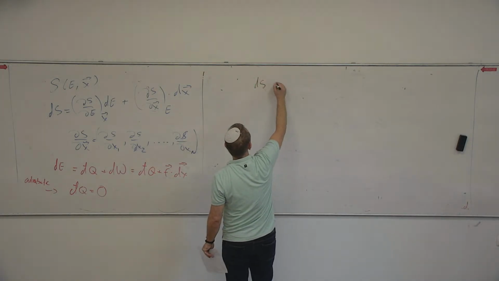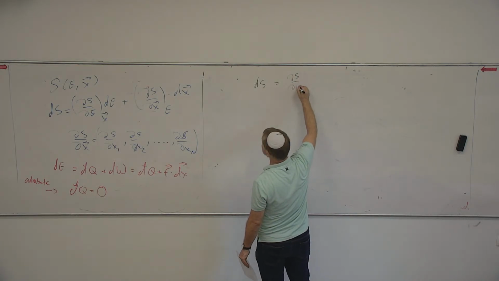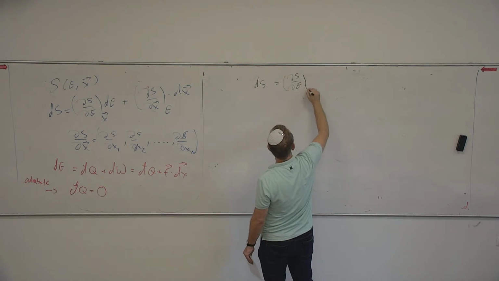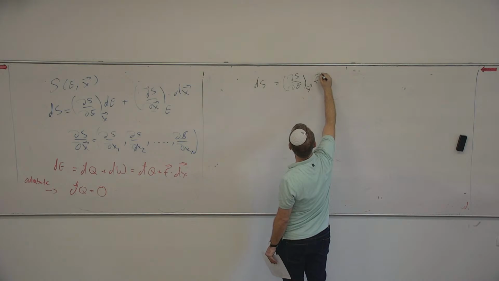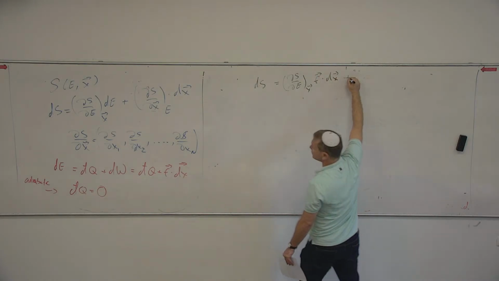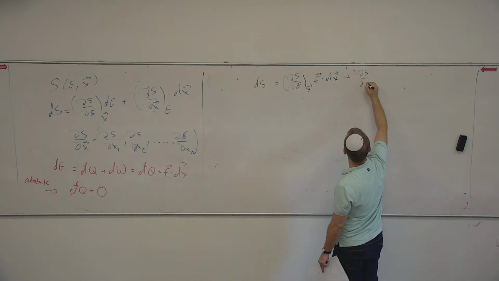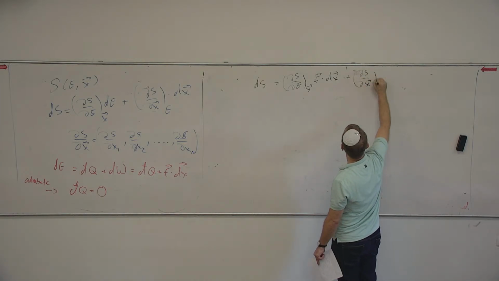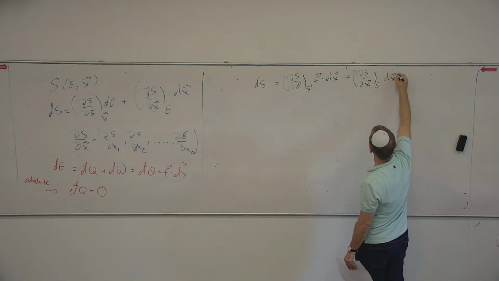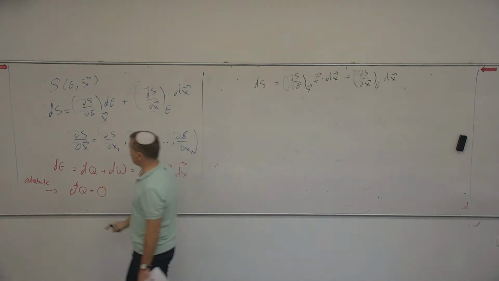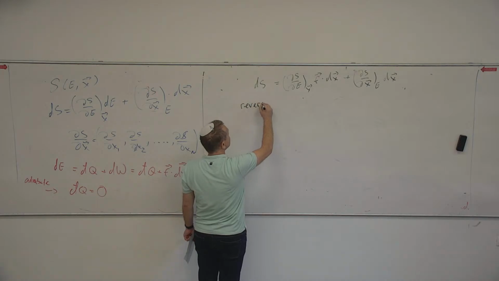So we have dS equals dS/dE at constant x, times f dot dx inside of dE, plus dS/dx at constant E, dx over here. So we assumed adiabatic. We also assume reversible.